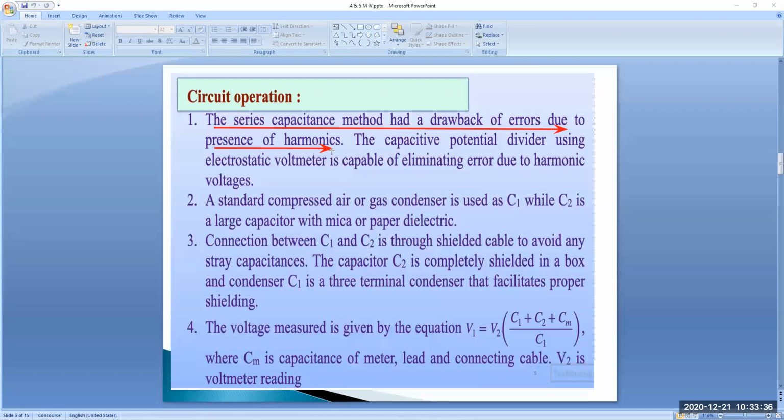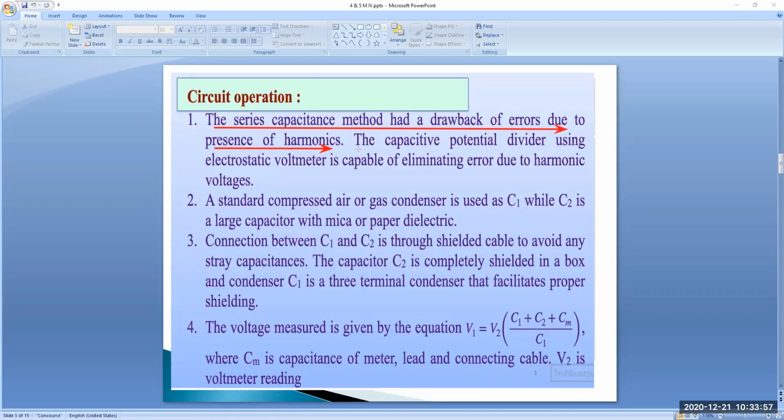Am I right or not? So there is a drawback of error due to harmonics, and also error due to stray magnetic field effects. Harmonics can be minimized by using this method.